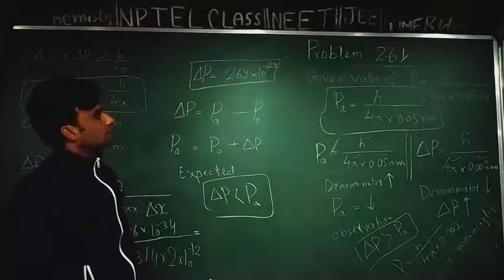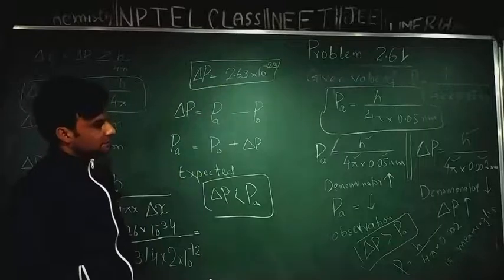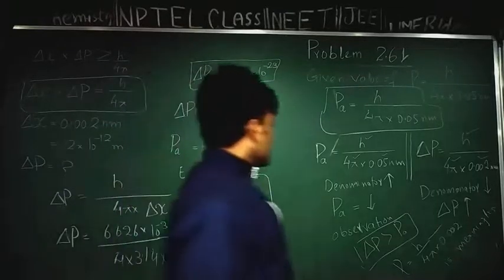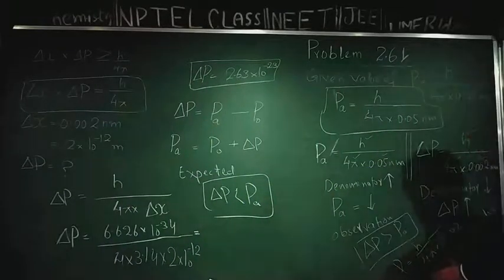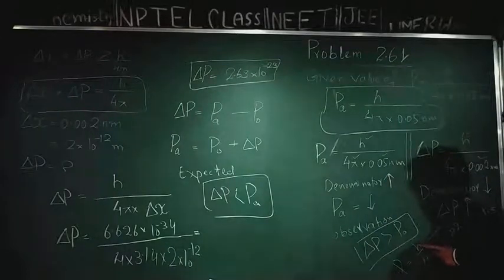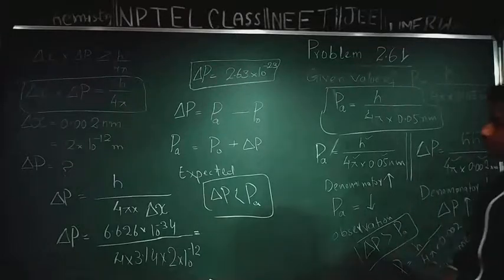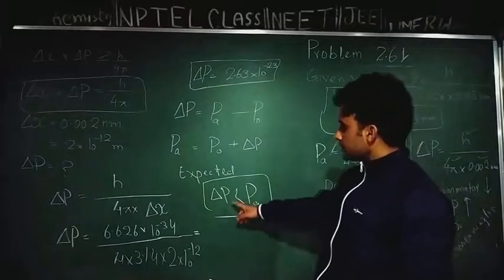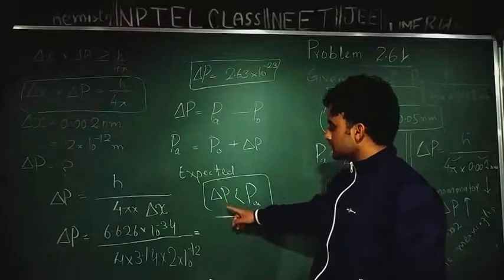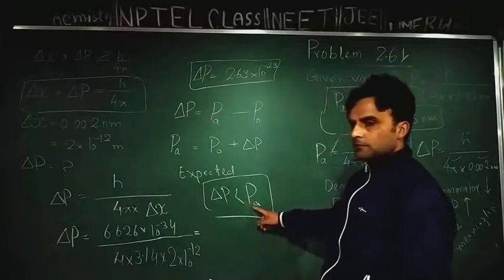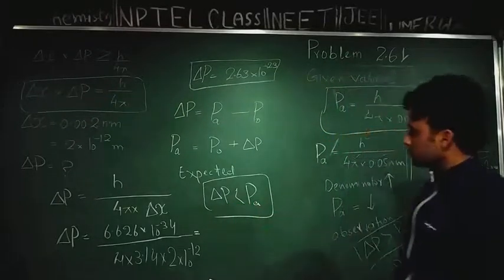Now I had to answer the second part, where I had to say whether the given value of momentum, h by 4 pi 0.002 nanometer, has meaning, is it defined or not defined, is it meaningful or meaningless. For that I said it is expected that the uncertainty in momentum should come less than the actual momentum.